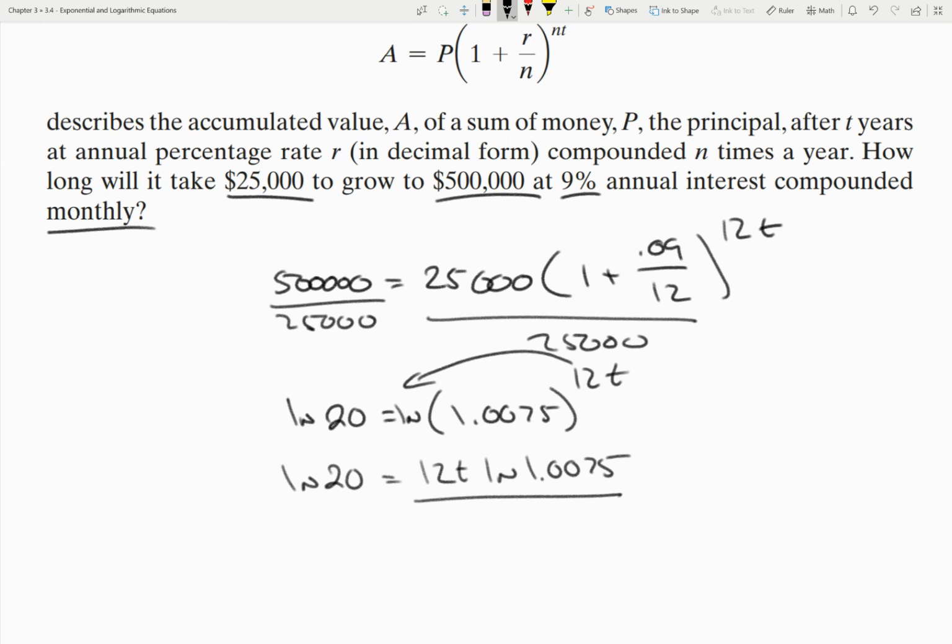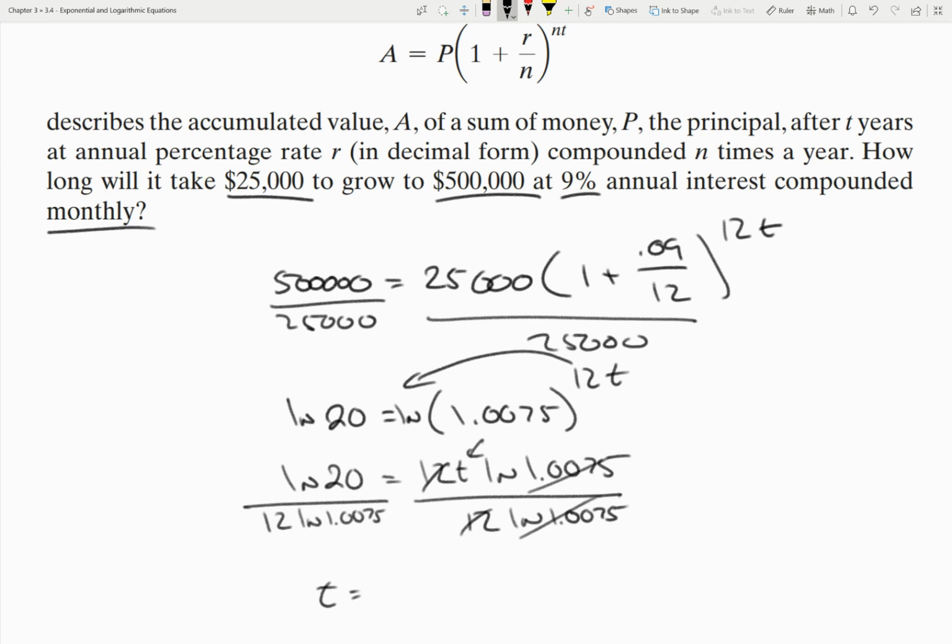Well, I can get t by itself. There's my variable. I can get t by itself by dividing out everything that's a number. Well, 12 is a number, I can cancel that out. The natural log of 1.0075 is just another decimal, so I can cancel that out. So we're dividing the natural log of 20 by 12 natural log 1.0075. And that gives me t.